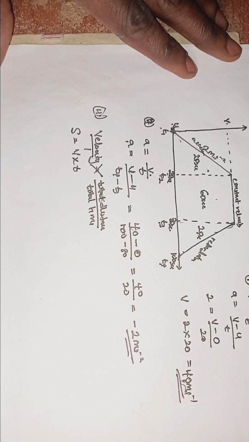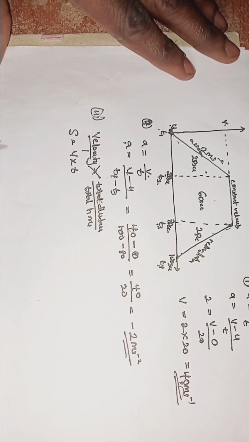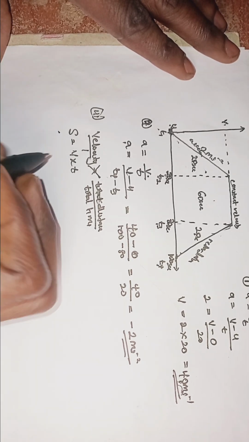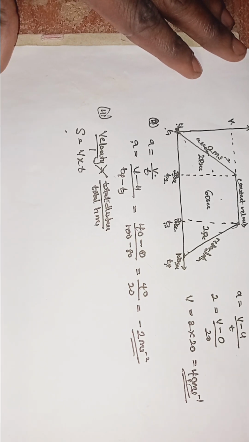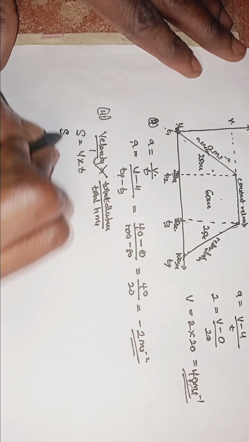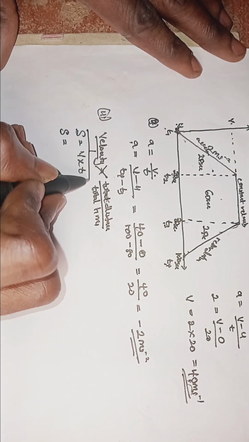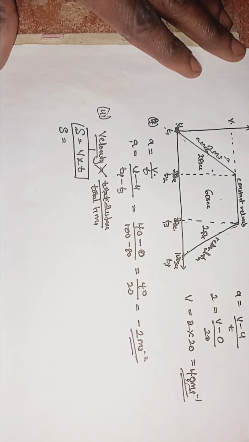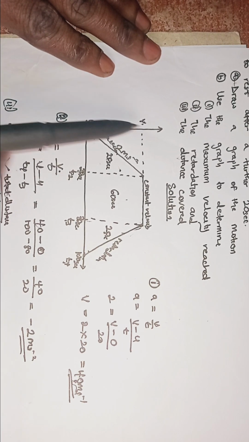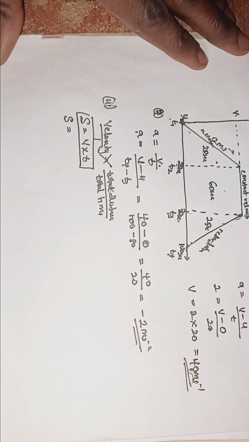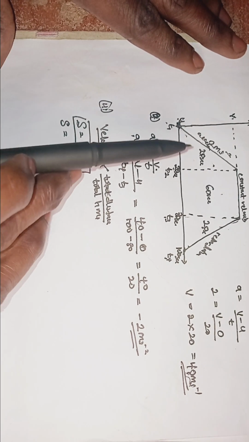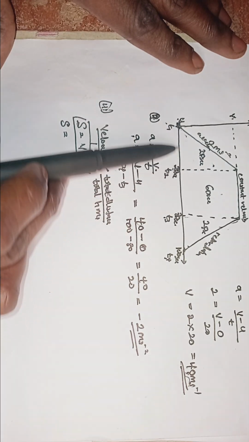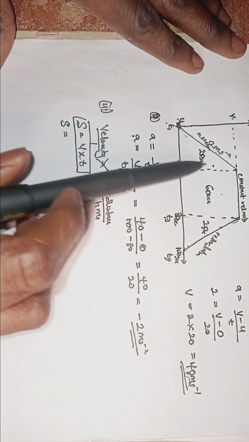So now the velocity that we have from our graph is 40. So let's first calculate the total distance during the acceleration. The first thing we have to do, we are using this formula now to solve for the total distance for this third question, which is distance covered. So now let's solve for the first box, the total distance during the acceleration.